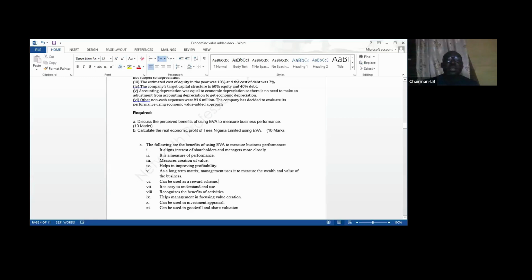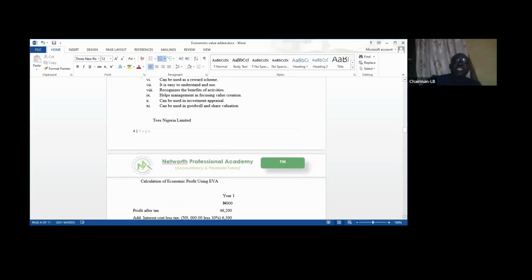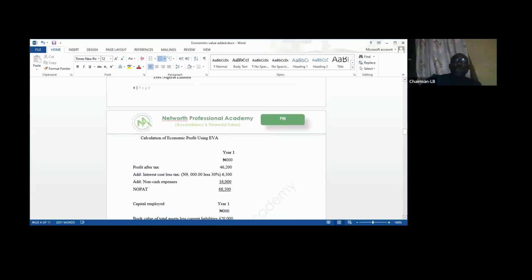Then B, calculate the real economic profits. We are going to leave this, even though we have the solution here. I'll now demonstrate how it is calculated.